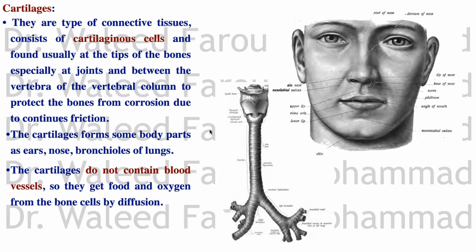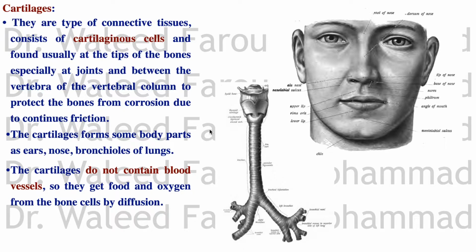Cartilages, يعني الغضاريف اللي موجودة في الجسم. هي نوع من النسيج الضام أو connective tissue، وفيها special type of cells اسمها cartilaginous cells found at the tips of bones.